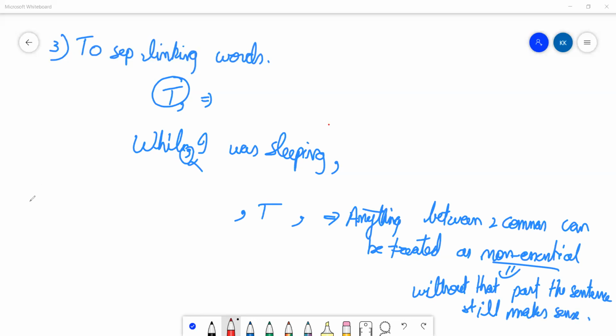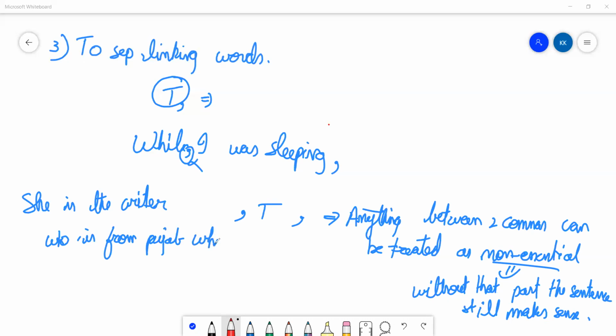Like, for example, see, she is the writer who is from Punjab. She is the writer from Punjab who won the award.